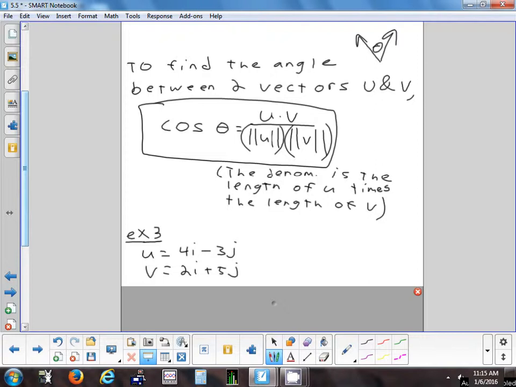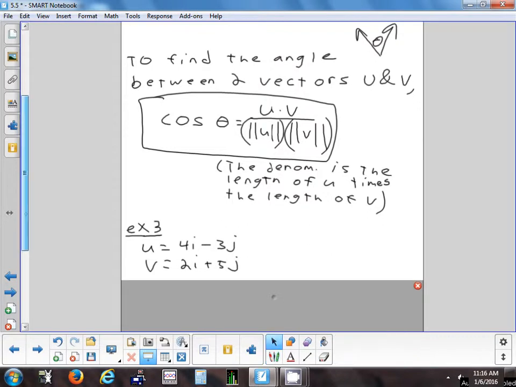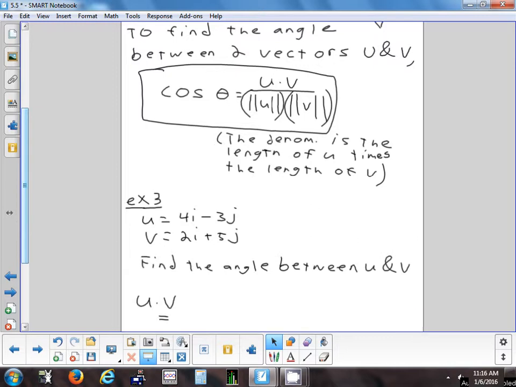That's to find the angle between two vectors. Does everybody have the formula? Good.